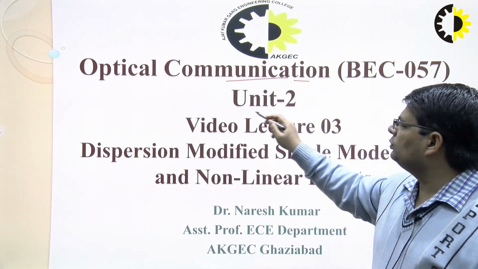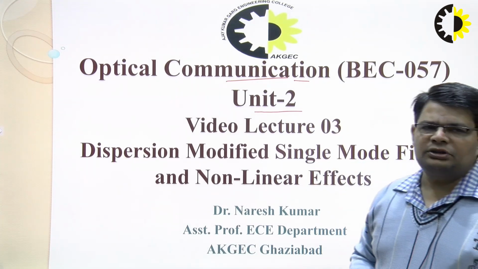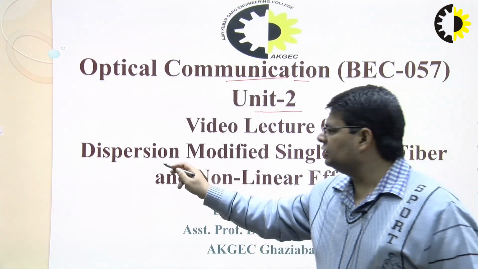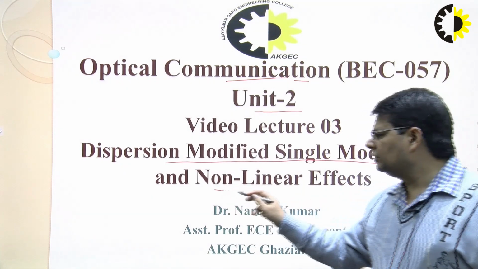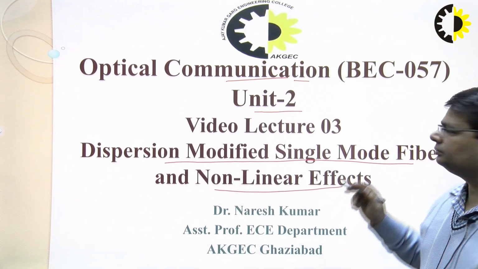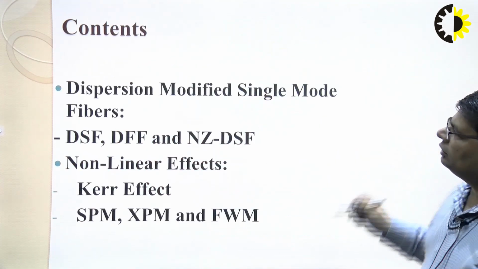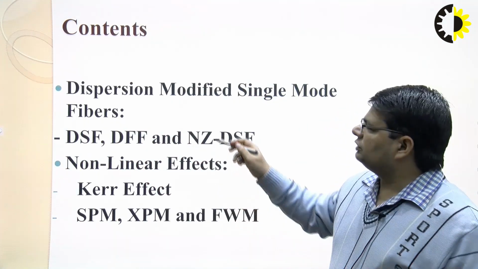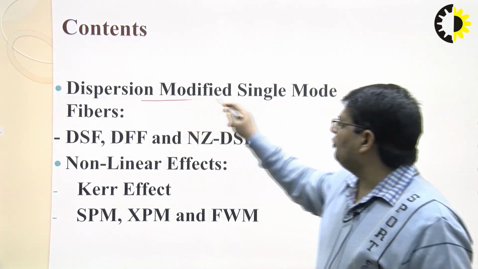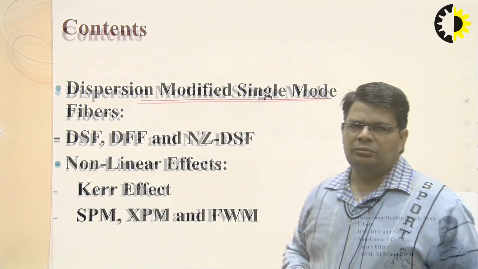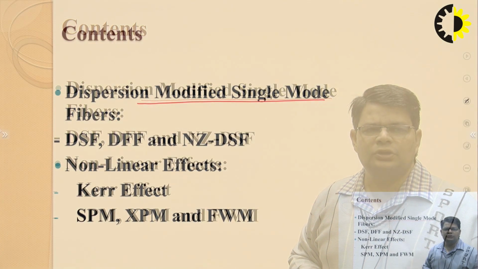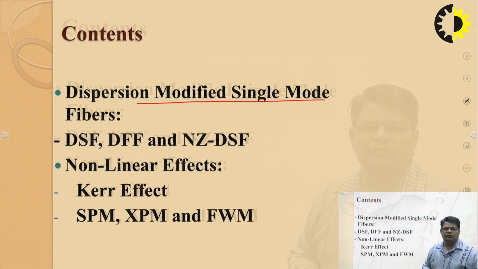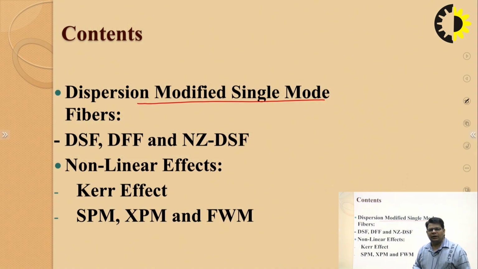Under Unit 2, in this video lecture, we will discuss the dispersion-modified single mode fiber and also the non-linear effects. The main contents of the lecture will be dispersion-modified single mode fiber. Basically we know that the dispersion characteristics or dispersion response of a single mode fiber can be modified by tailoring the parameters.